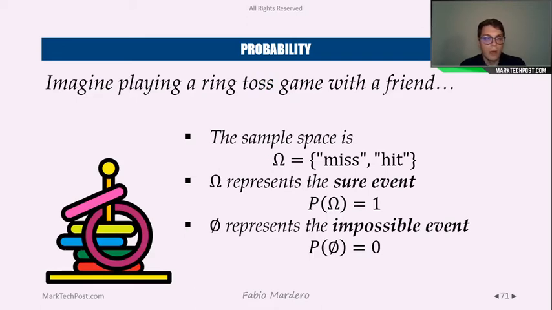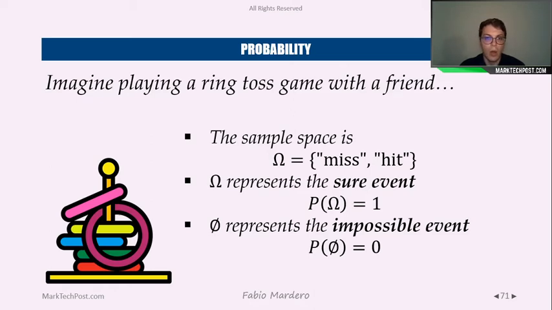So now I want to detail a little bit more about the sigma algebra in probability theory. So imagine playing a ring toss game with a friend. Here the sample space is omega, and it is I miss the shot or I hit.